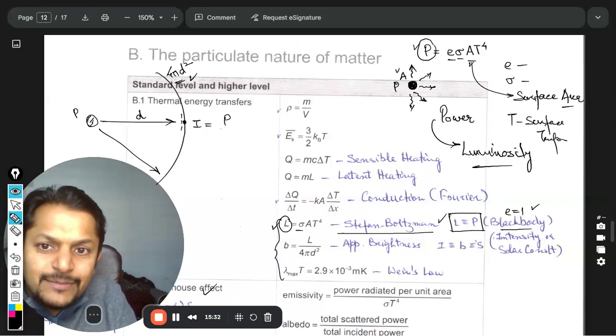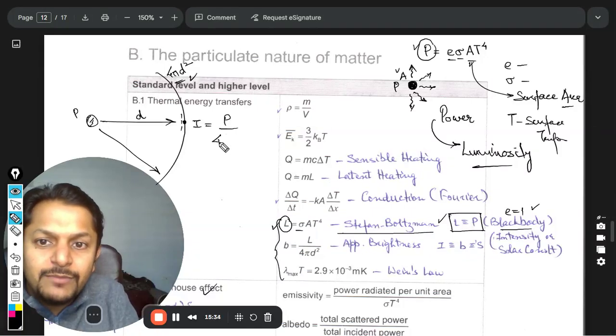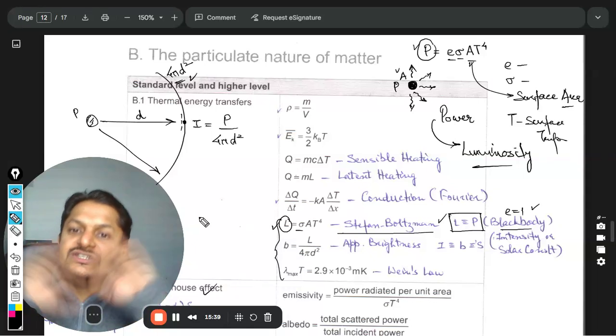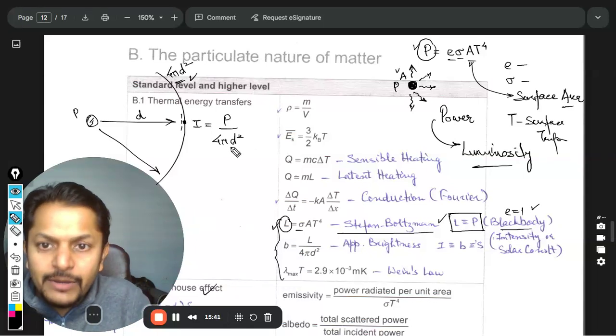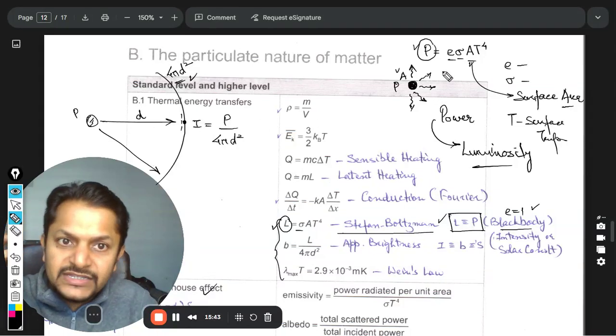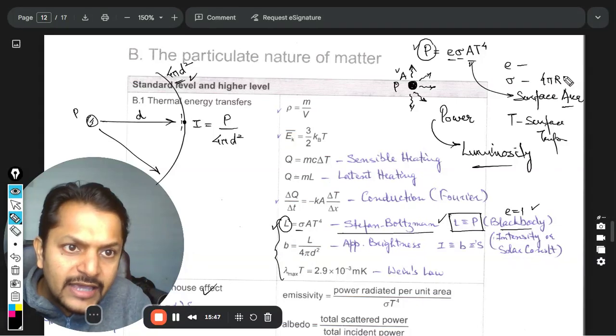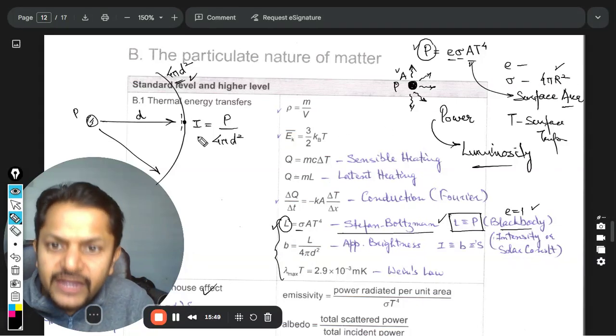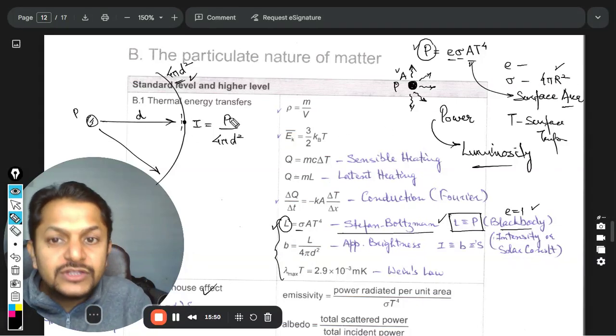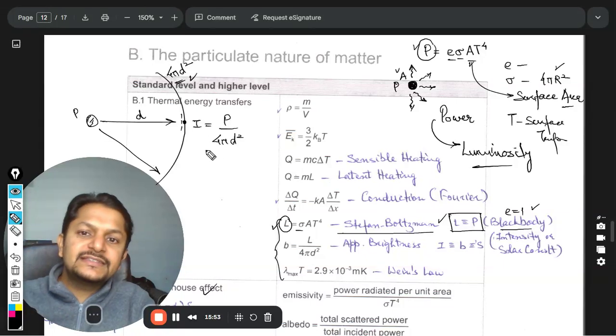Intensity of the sunlight is the power of the sun divided by the total surface area in which that energy is distributed. So we are not talking about the surface area of the sun here. So this I am writing as 4 pi capital R square. Be very careful. So this is the power, and this is this. So this is intensity.